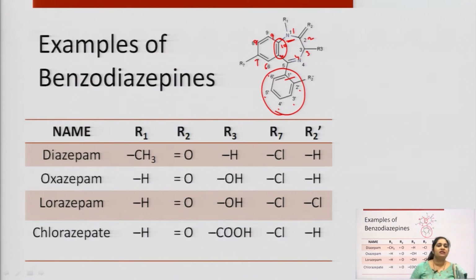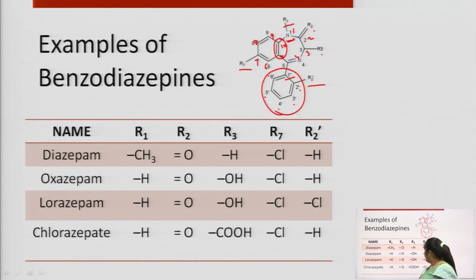But to show the substituents at this benzene ring, we have given the numbering 1 dash, 2 dash, 3 dash, 4 dash, 5 dash and 6 dash. So now here we have R1, means at position 1 any substituent, then position number 2, position number 3, then position number 7, and position number 2 dash, with respect to the substituted benzene ring.